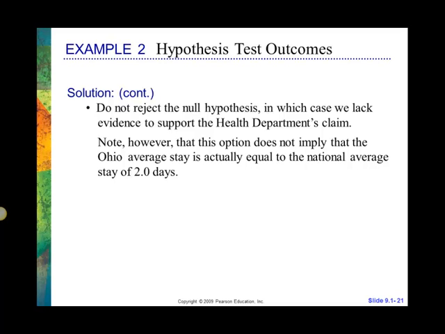But again, we never said that it is equal to the national average, because we could actually be less than 2.0 days. So we don't have evidence to support the claim, but that doesn't say that the claim is true.